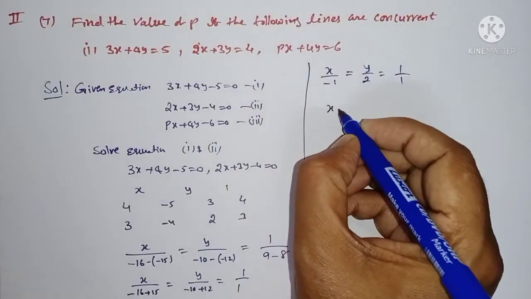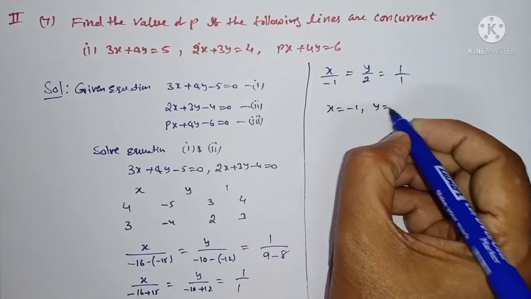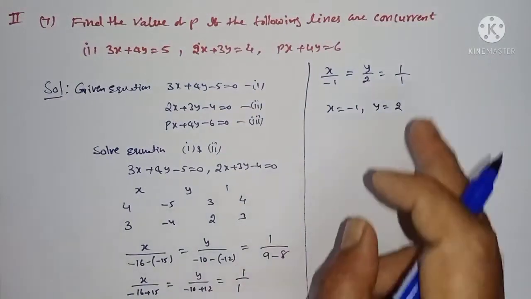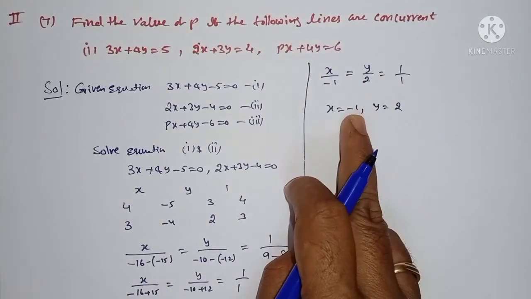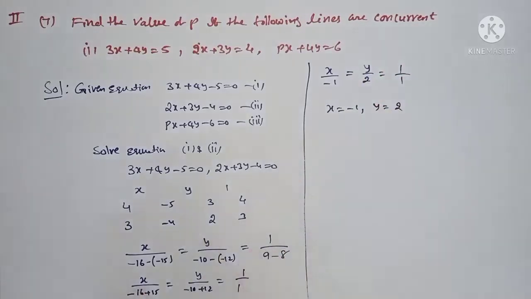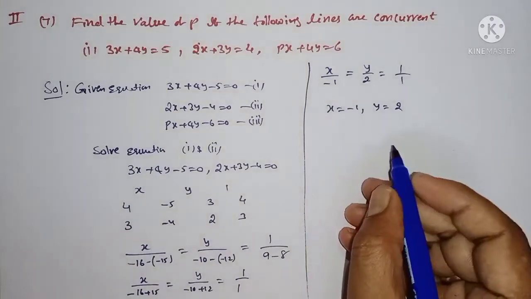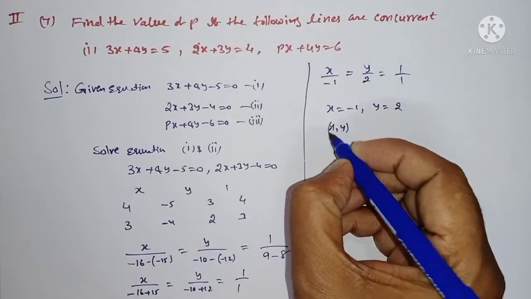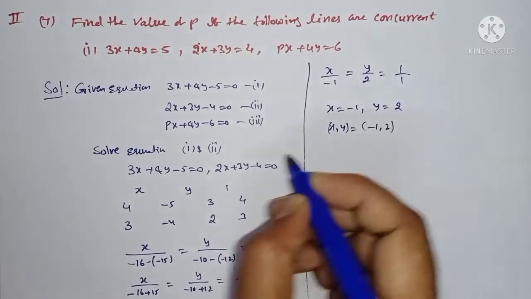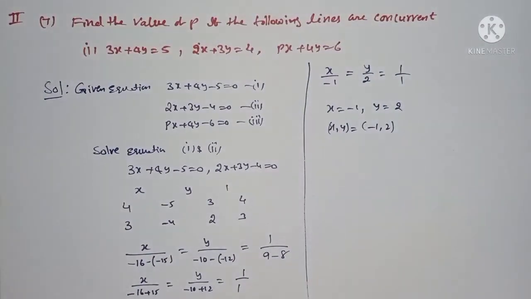Therefore, x is equal to minus 1, y is equal to 2, because minus 1 by 1 is minus 1 and 2 by 1 is 2. Therefore, x comma y is equal to minus 1 comma 2.